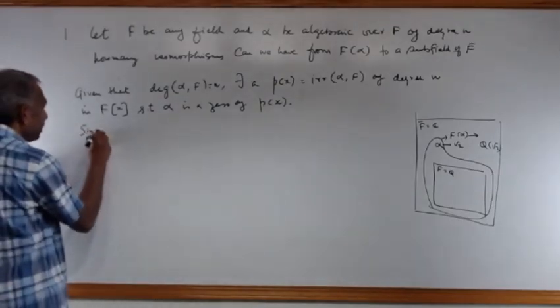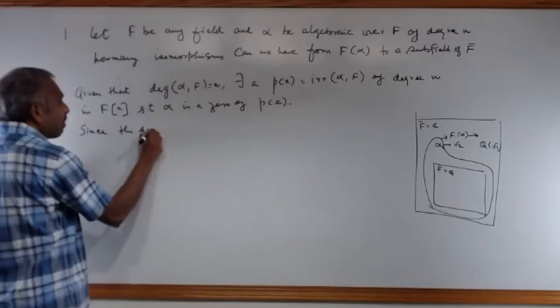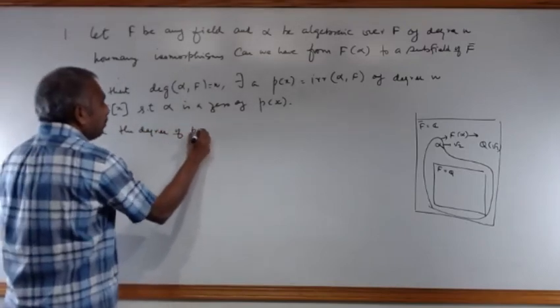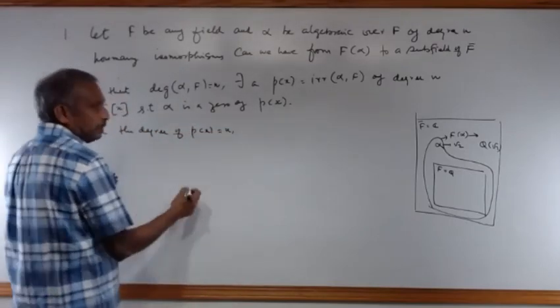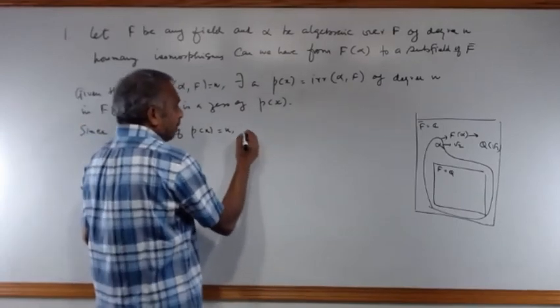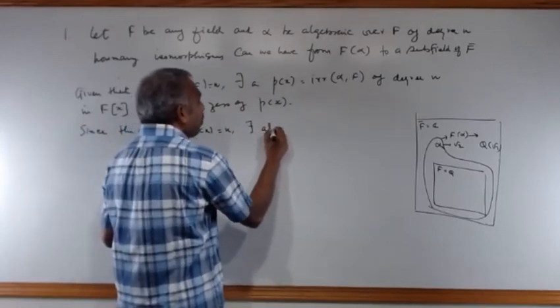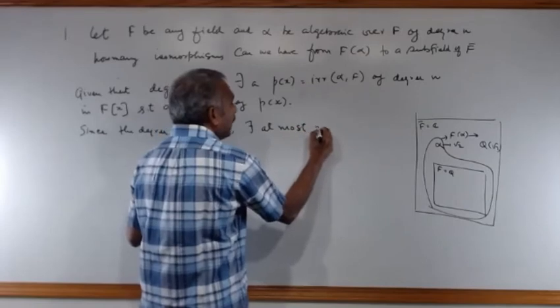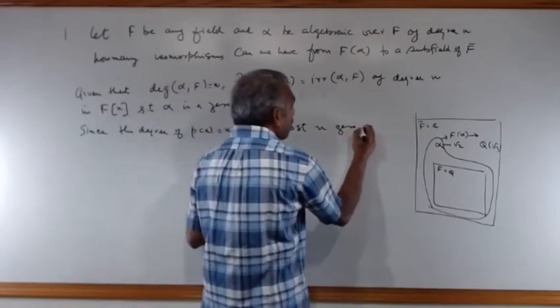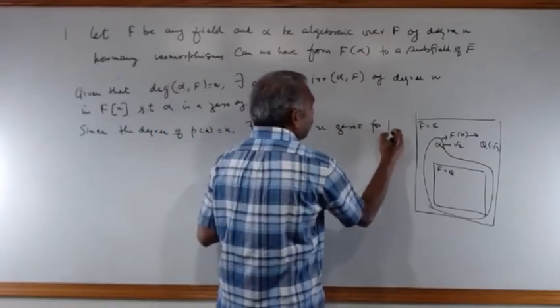Since the degree of p of x is equal to n, there exist at most n zeros for p of x.